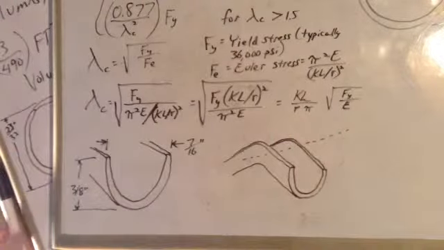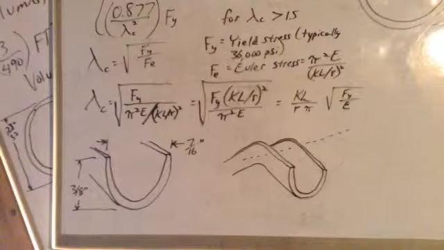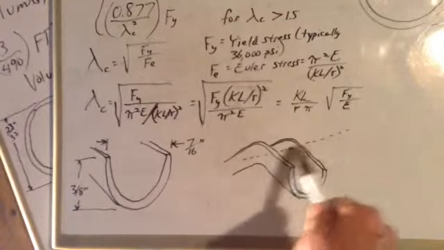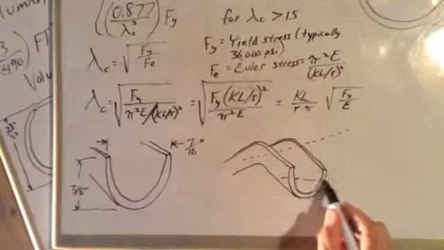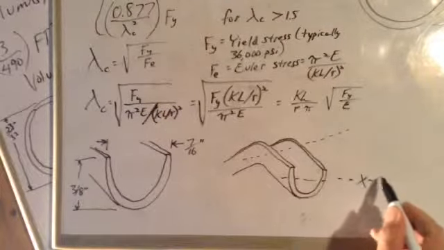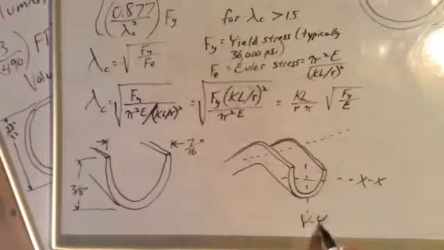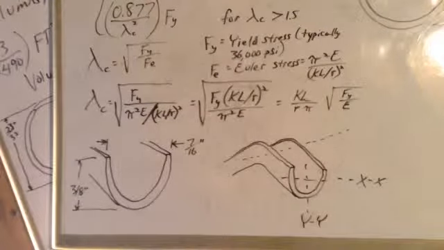So we need to analyze this cross section of our column that failed. Here's how it failed. As you can see, it failed about this axis. If you were to call this the x-axis and this the y-axis, then you could say it failed across the x-axis.